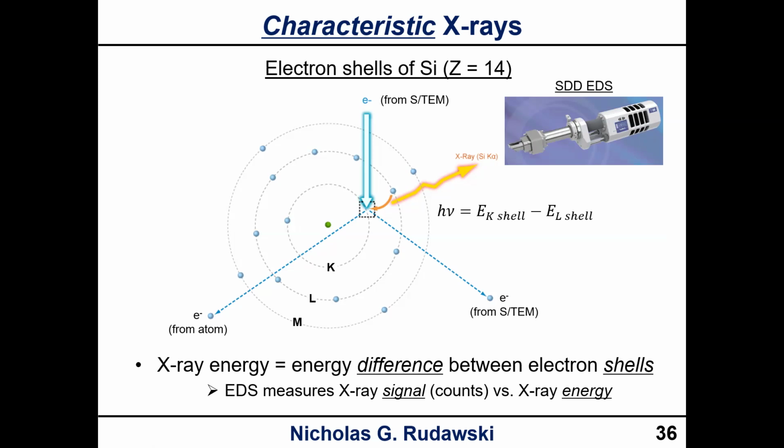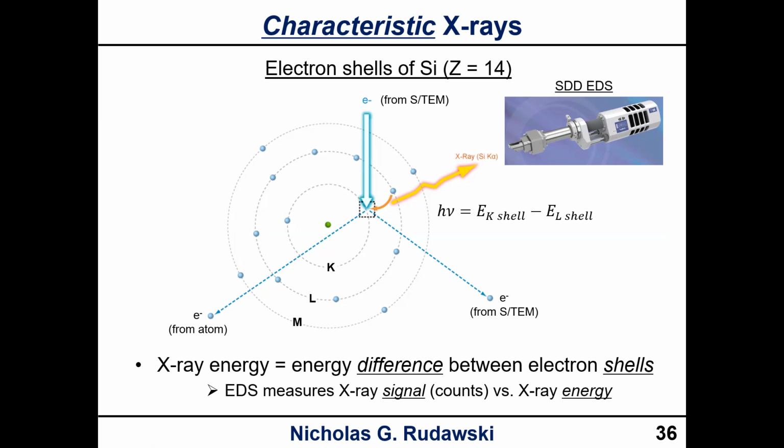What happens then is an electron from the L shell drops down to fill the K shell, because that is a very energetically unfavorable state, and that difference in energy is given off as an X-ray, okay? In this case, that would be a K alpha X-ray, okay?